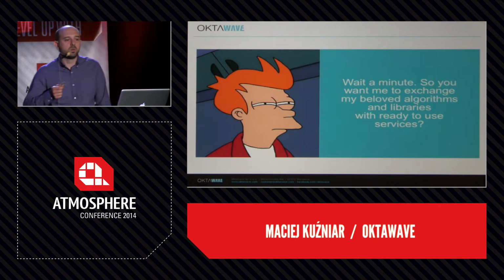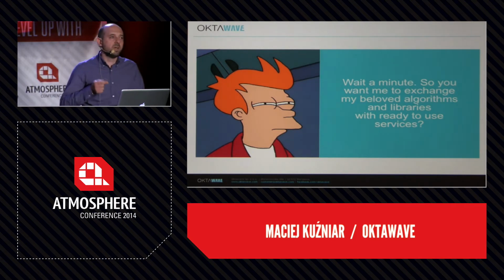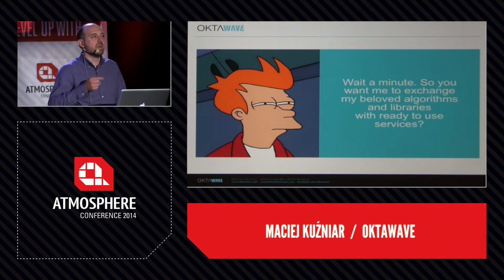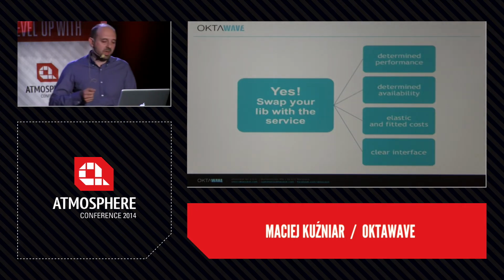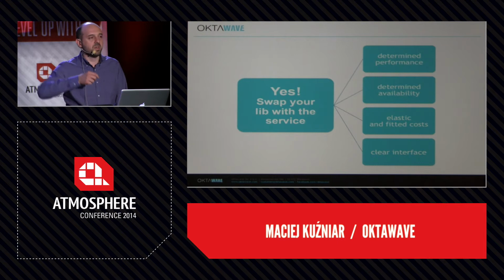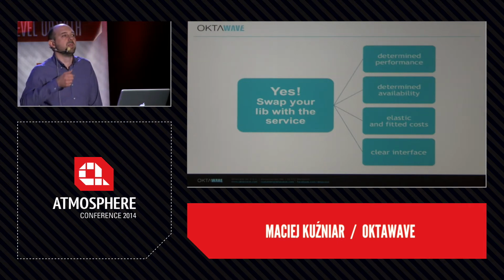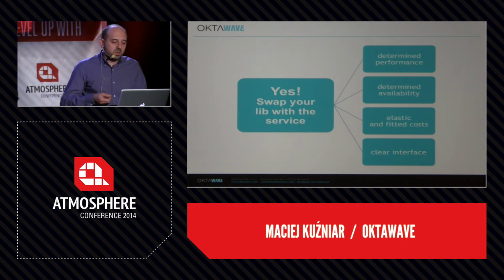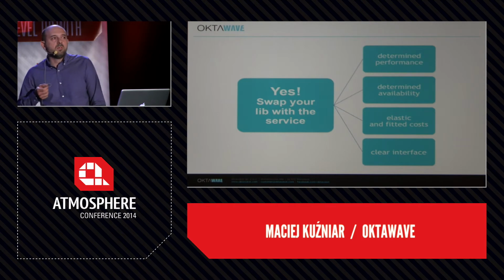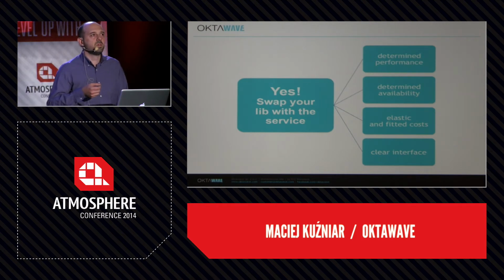The next step is to consider moving to ready-to-use services instead of libraries and algorithms, by swapping part of our application for a well-known replacement provided with determined performance, determined availability, elastic and fitted cost, and a determined or clear interface. Developing a new product or add-on feature away from monolithic cost will provide us with cheaper development cost.